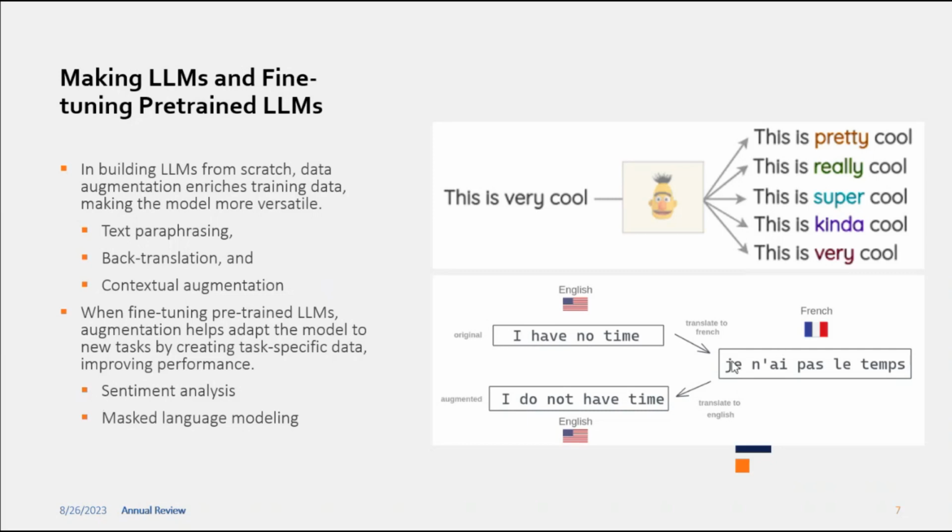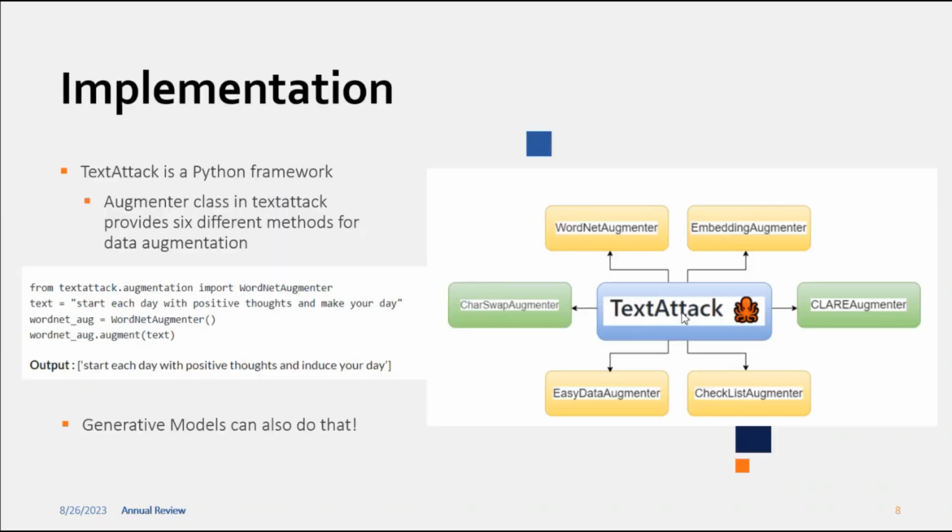Talking about the implementation options, if you want to implement data augmentation on your data set, one way is by using a Python framework called TextAttack. It comes with an augmenter class that provides 6 different methods for data augmentation, and there are many other manual and automatic ways to do it.